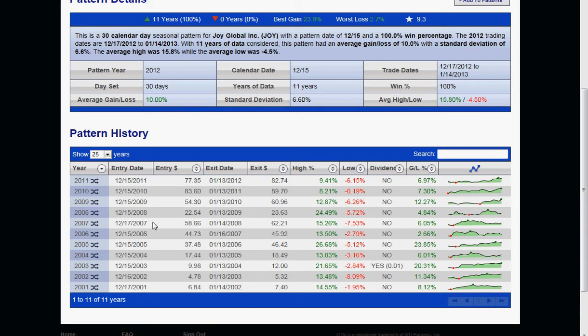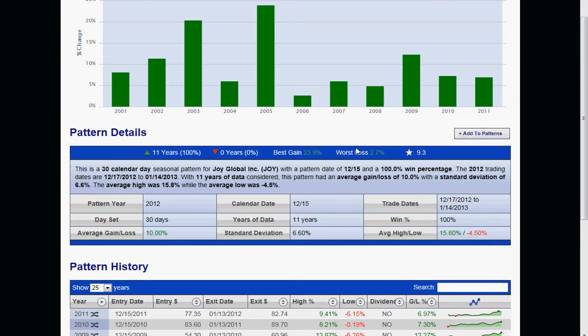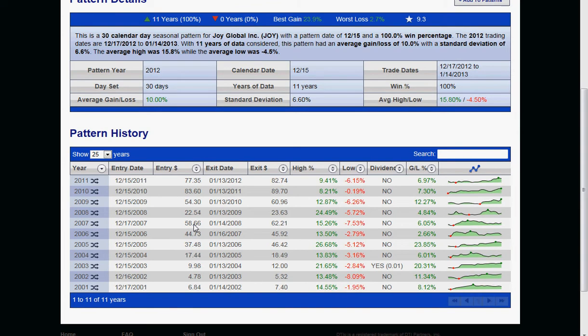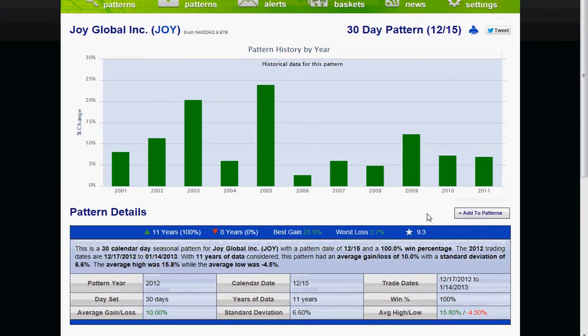So we're looking at a 30-day span in the increase, then going through the historical data and building an entry time, a period where this stock would have the highest probability for a profit. Here are the profits you would have had, labeled in this format. And as you know, this would be a phenomenal program for spread option traders.